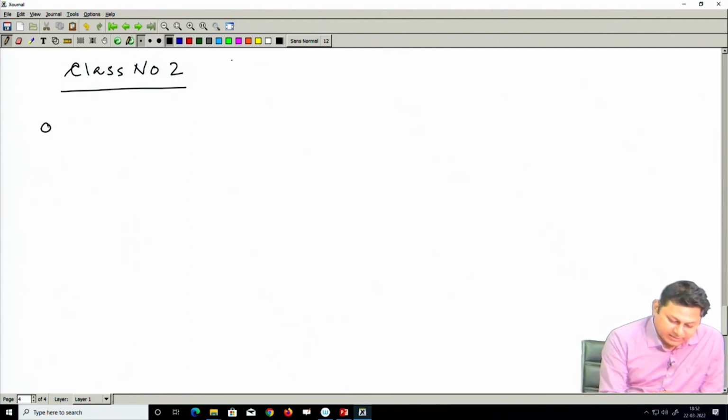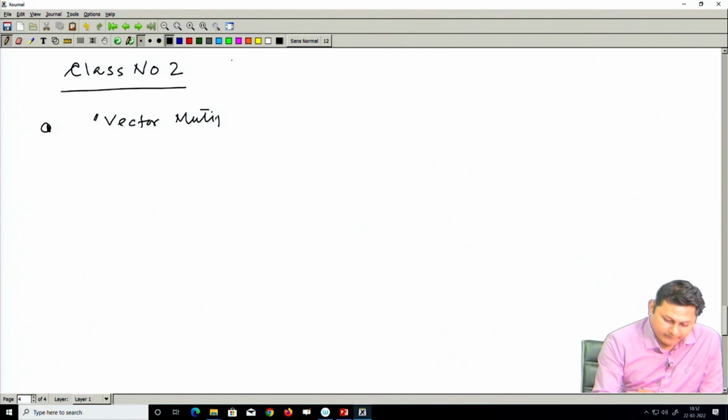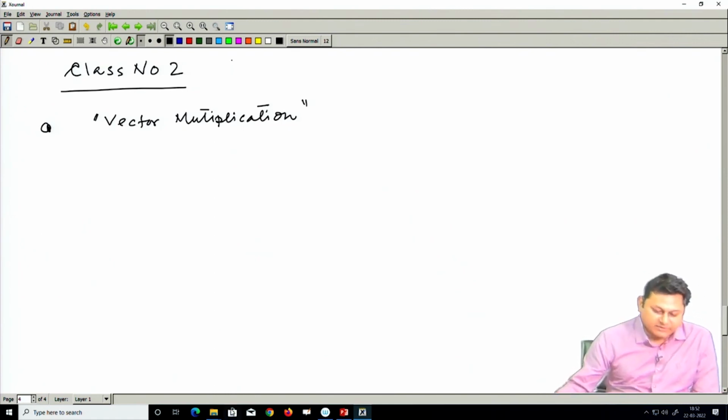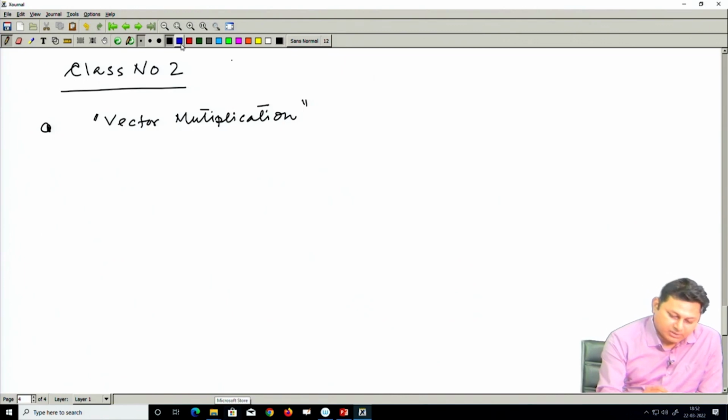The next important thing regarding the vector is vector multiplication. Four kinds of vector multiplication we can think of.